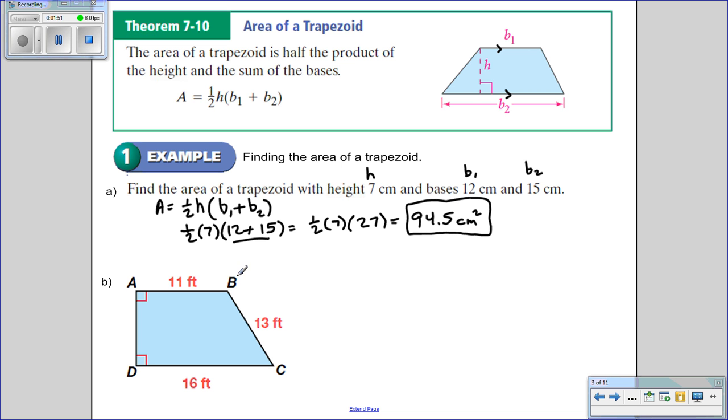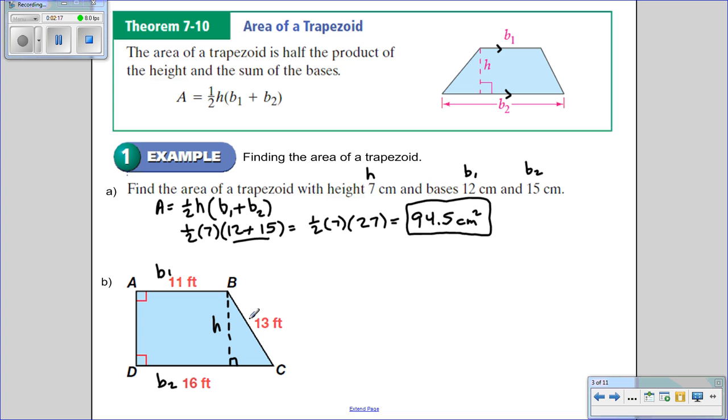Okay, the next example, if you look here, I'm going to go ahead and look at my diagram. I know I have base 1 is 11 and base 2 is 16. Now what we do not have is the height. So I'm missing the height, and I need to figure that out. According to this diagram, I've just added the height as a dashed line.